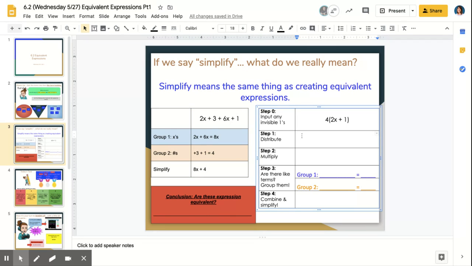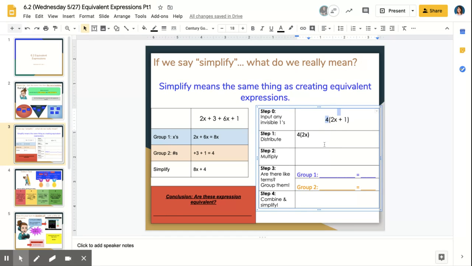All right, so now when I have parentheses, I need to do what? I need to distribute. Distributing, if we remember, takes that outside number, that 4, and I put it with the 2x. Then I do it again.